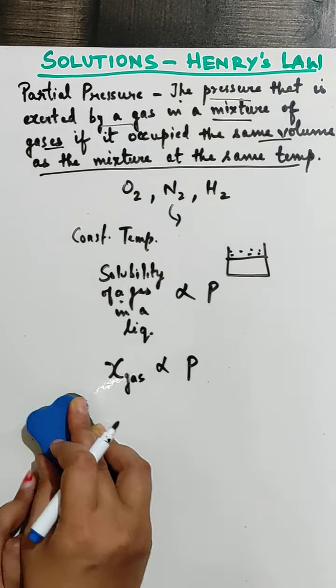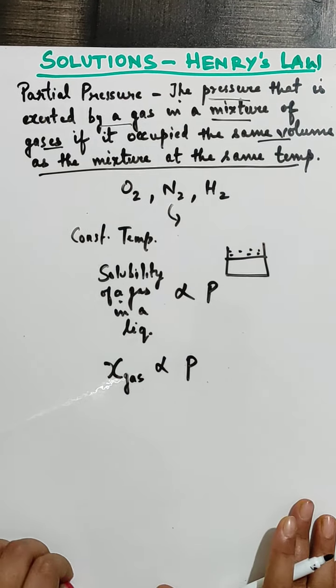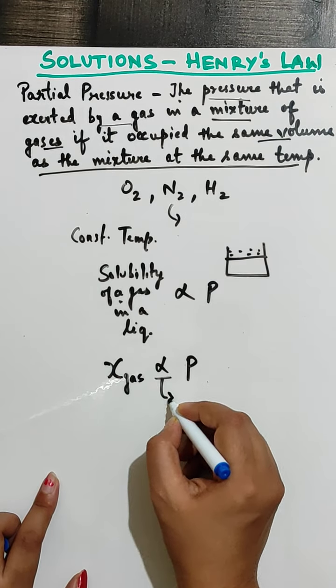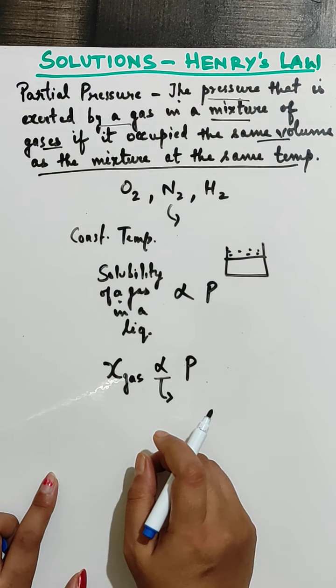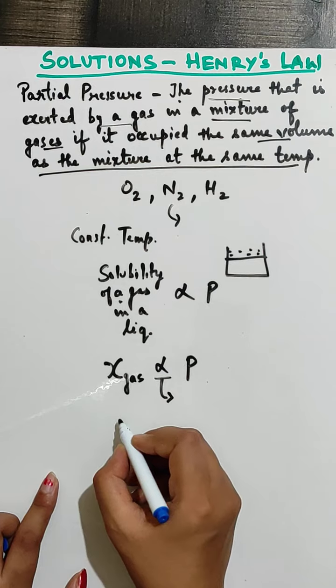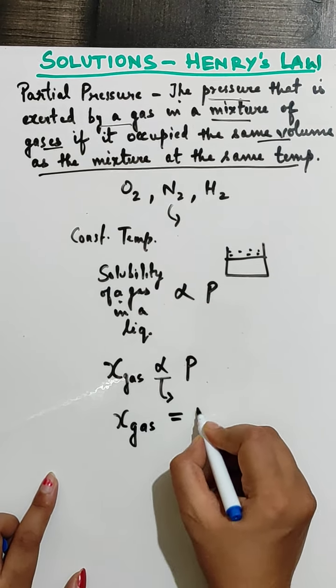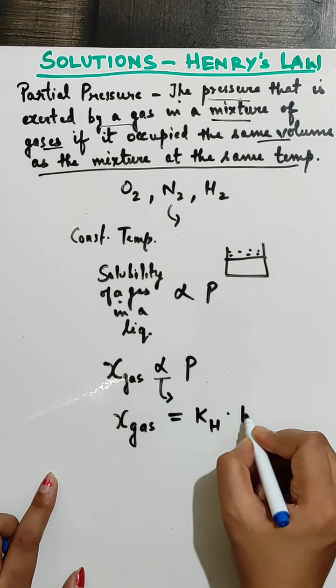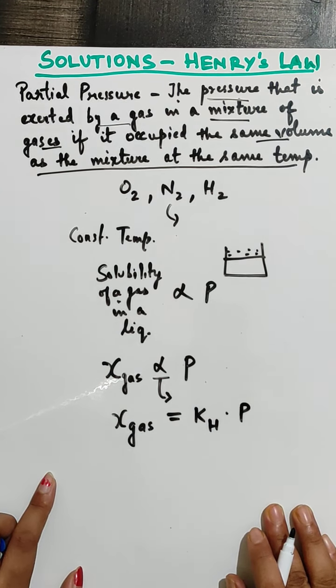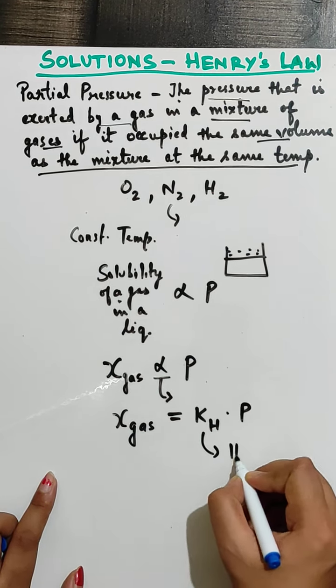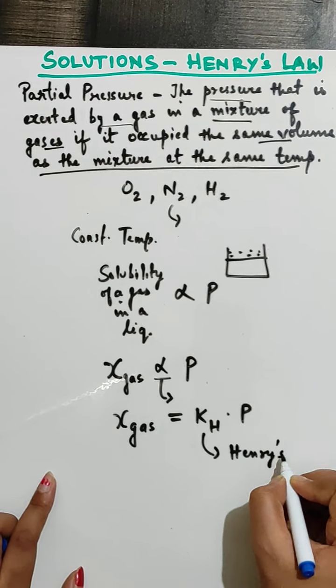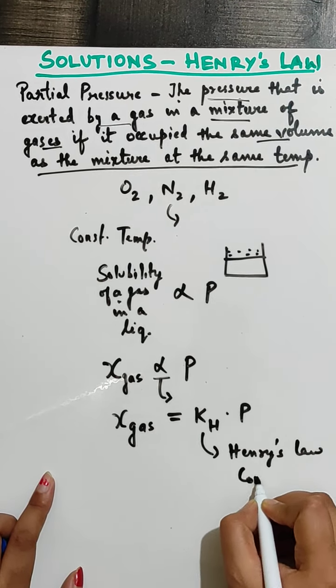So to remove this proportionality sign, we have introduced a constant which is known as Kh, or Henry's law constant, or Henry's constant.